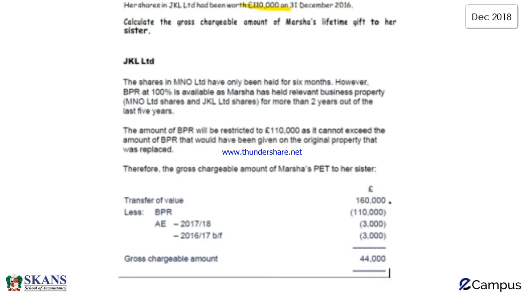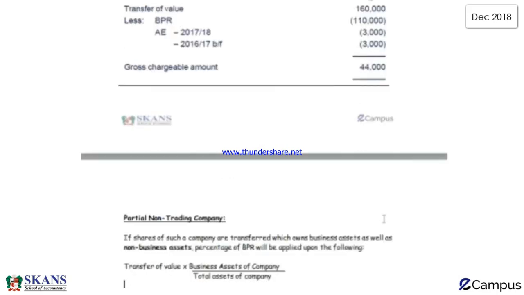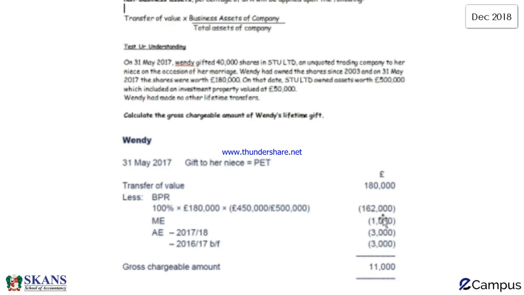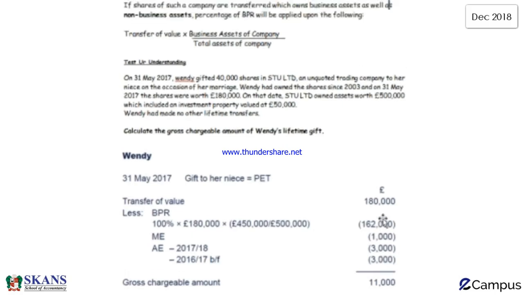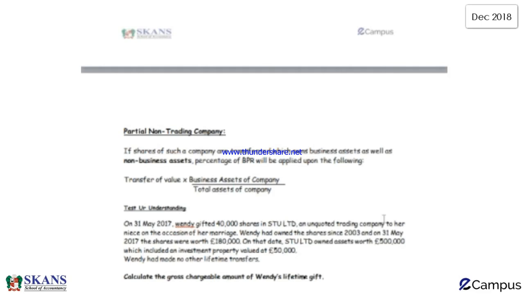So 160,000 was the transfer value of MNO Limited, but we have to consider the value of both assets. As we know, the value of the previous asset was 110 and the new asset is 160. So the lower of both would attract 100% BPR, that is 110. As this was her first transfer, we can deduct 2 annual exemptions, and so the chargeable amount is 44,000.